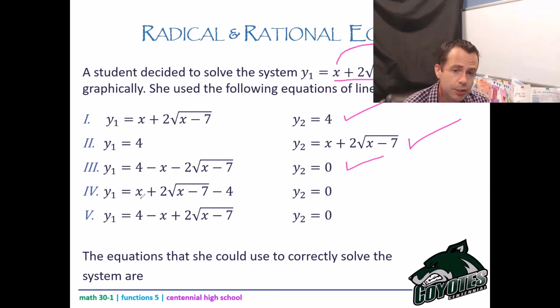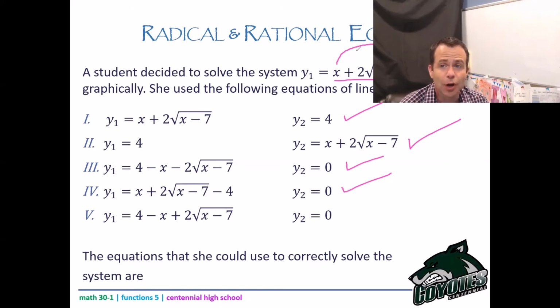In the fourth one, she went x plus 2 root of x minus 7 minus 4. So what did she do? She left these where they were and she brought that 4 over to be negative 4. So that's totally okay. And then in the last one, she has 4 minus x plus 2 root x minus 7 with y2 equals 0.